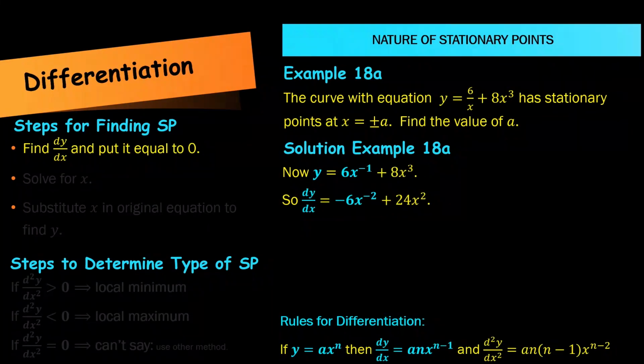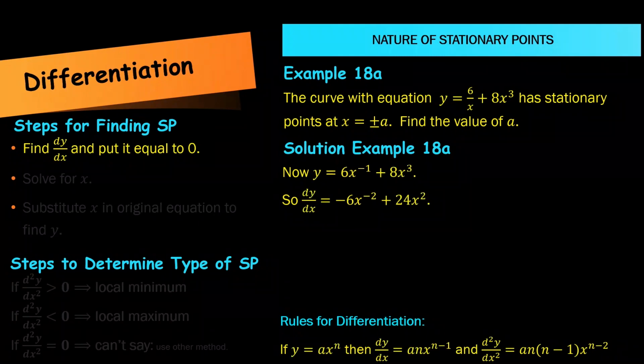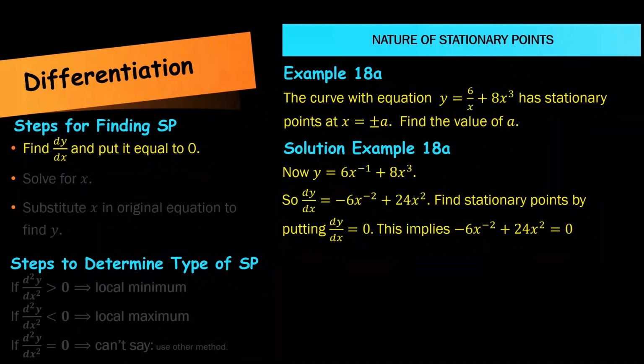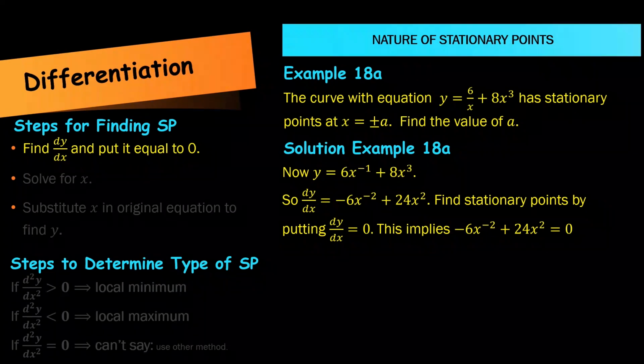Now let's put dy dx equal to 0 to find the stationary points. So of course this implies minus 6x to the minus 2 plus 24x squared equals 0. And so multiplying out by x squared gives us minus 6 plus 24x to the 4 equals 0.